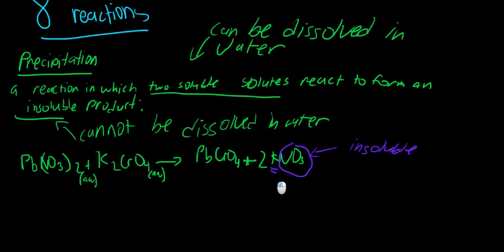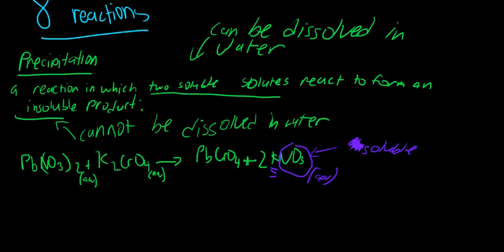We have a potassium here. Now, we know that there's an exception to this rule in which potassium nitrate is actually soluble. So I can go ahead and cross off insoluble because this is soluble because of potassium nitrate. So I can put an aqueous symbol there.